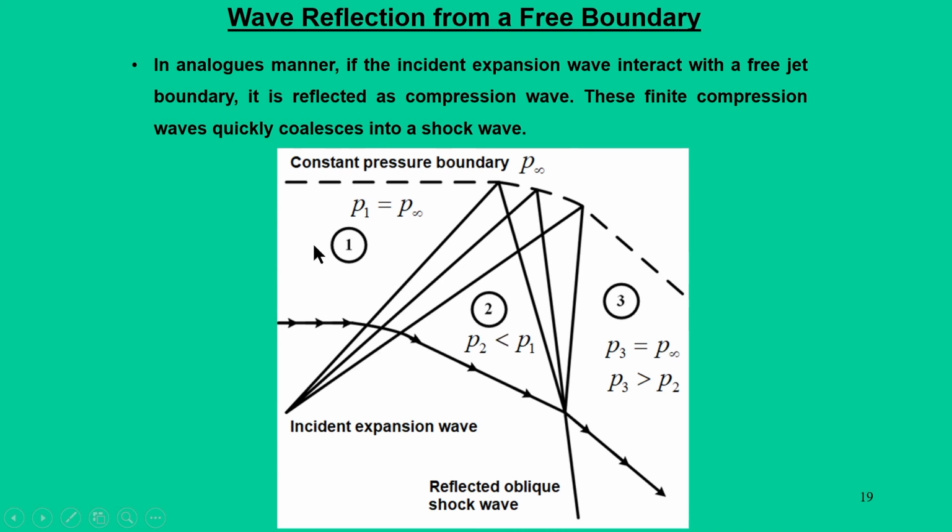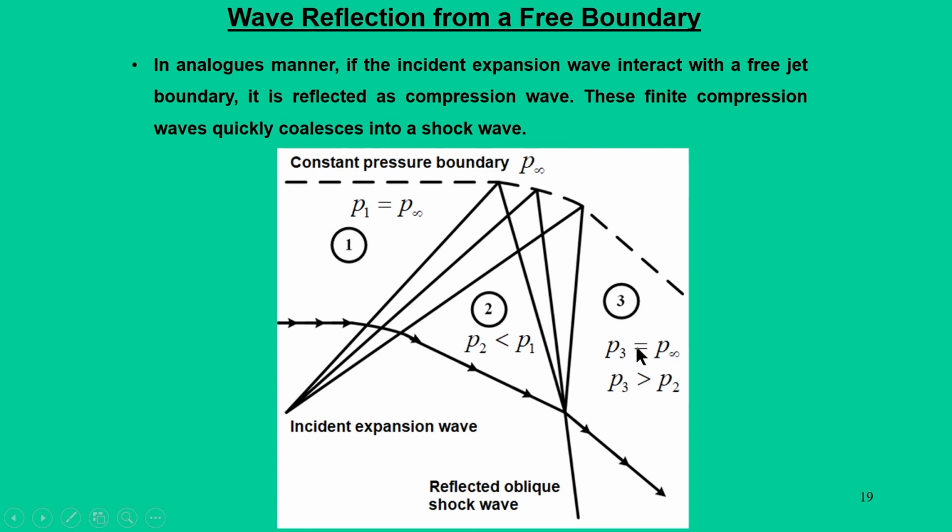From the streamline point of view, it starts from region 1 and encounters the expansion wave, for which the pressure falls in region 2, and after the oblique shock formation the pressure becomes higher than P2 again. But it must match the free stream pressure.